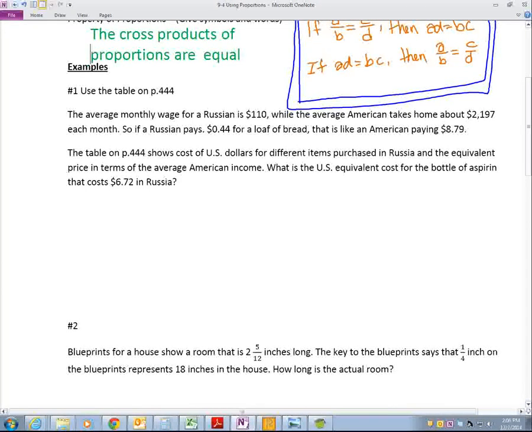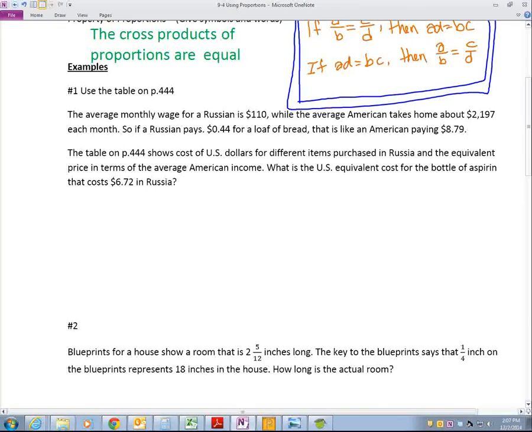So it says here, this is going to talk about the proportion of wealth with the U.S. average salary and what it's like to be in Russia whenever this question was made. It says here, the average monthly wage for a Russian is $110 a month. That's a very poor country. Poor in the U.S. is way different than poor in Mother Russia.